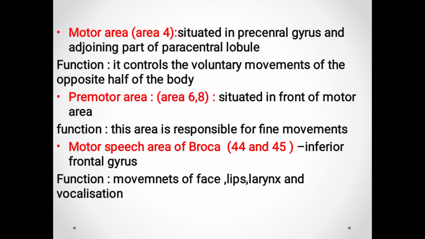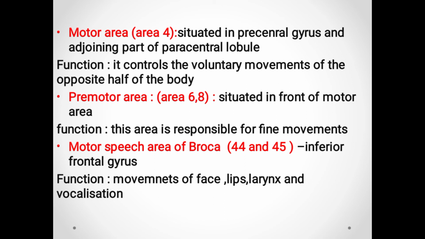Then the premotor area, area number 6 and 8, situated in front of the motor area. Function: this area is responsible for fine movement. So remember, motor area, area number 4, voluntary movement, and you have to know it is in the precentral gyrus, whereas the premotor area is for fine movement.